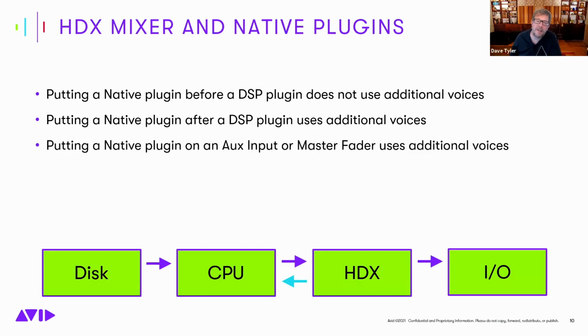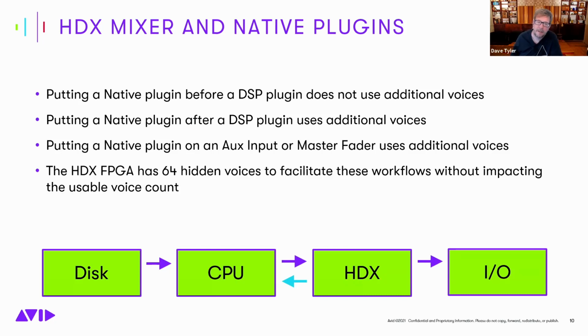Also, if you put a native plugin on an aux input or a master fader, both of which are running on the HDX mixer, again, it uses up voices to hop from the DSP domain to the native domain and back again. So with the HDX system, there are 64 hidden voices which help to facilitate this workflow.